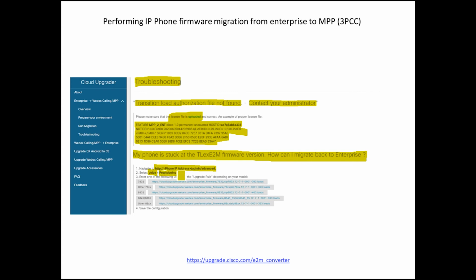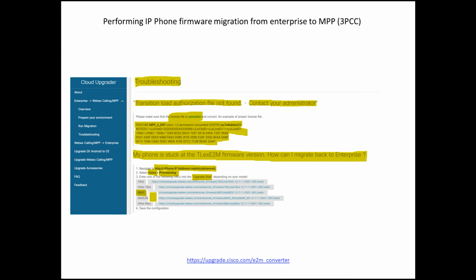And then once we are in that area of the web interface, we're going to find where it says upgrade role. So there'll be a field there that says upgrade role, and then based upon the phone we're doing the firmware migration with, we're going to put the proper URL so it goes back to enterprise firmware. So in this example, I'm going to be using a speaker phone, aka conference room phone 8832.